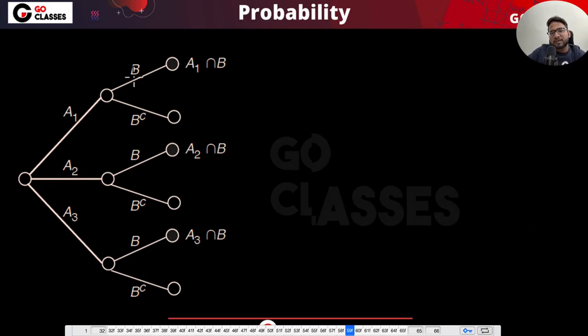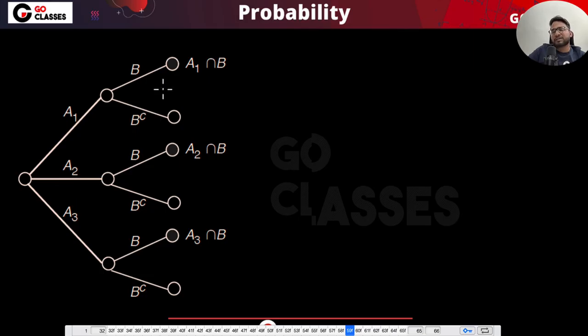But if there are two events, then it is B and B complement, or if you want, you can write B1, B2, but B and B complement also looks good. Anyway, let's suppose to start with we have A1, A2, A3 options. For example, either I will watch a movie, cricket, or comedy, and then skip ad, not skip ad, like that.